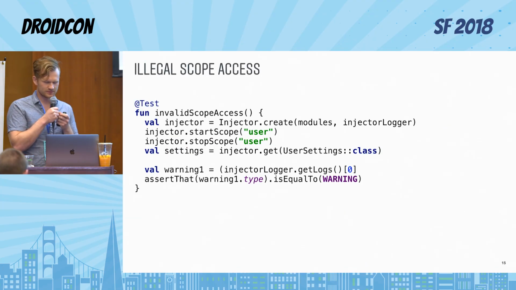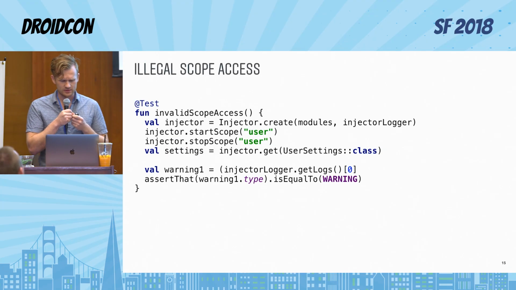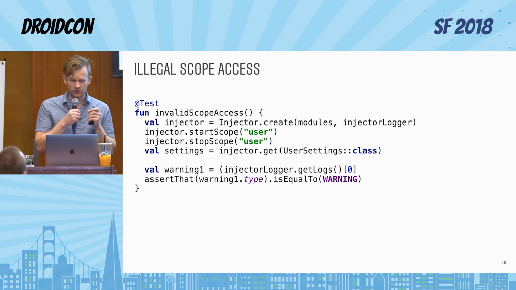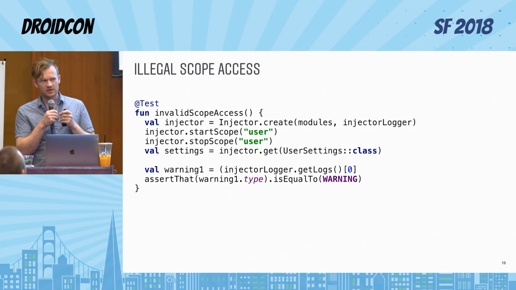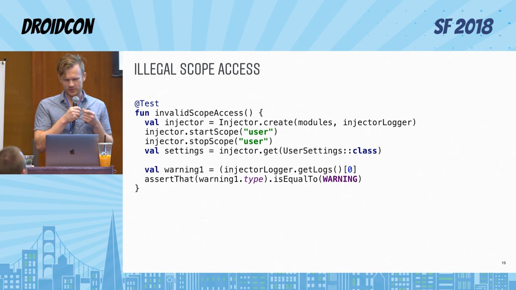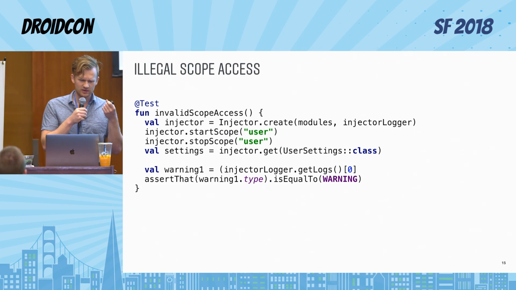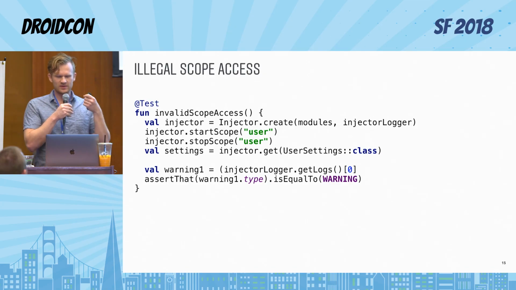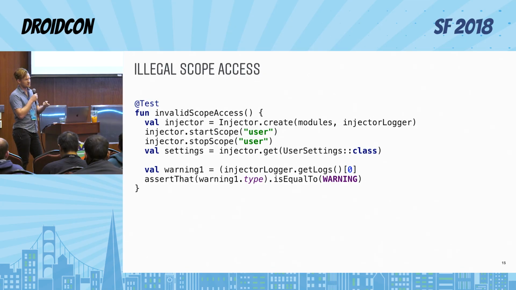Another thing that is really important when you're using scopes is to always make sure that you don't have illegal scope access. For that purpose, the injector allows you to subscribe to injection logs. And every time somebody tries to request a scoped instance while the scope is not actually active, it will record a warning.